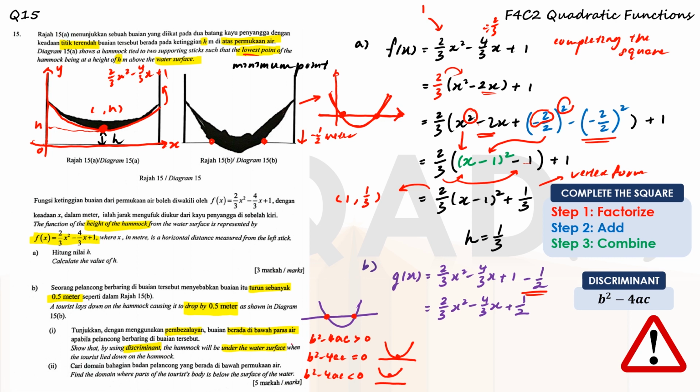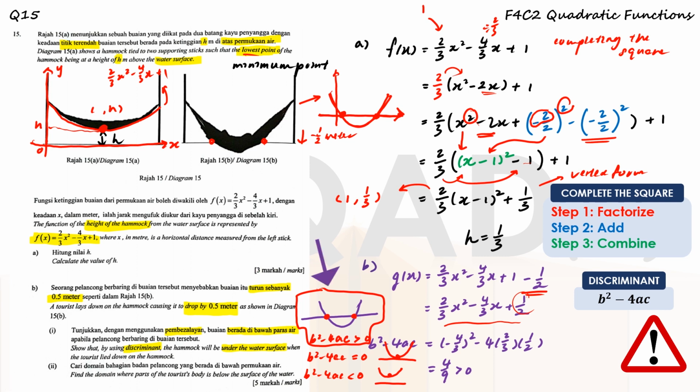Okay, so now we need to prove that b squared minus 4ac is more than 0, because this is the only graph which intersects and is below the x-axis, which means it's below the water surface. Okay, so if we calculate b squared minus 4ac using this equation, sorry, just now I forgot to factor out, so here 1 minus 1 over 2, here will be 1 over 2. Okay, so if we sub the values inside, we will see that it is 4 over 9, meaning more than 0, which means it is this case. Right? So this will be our conclusion.